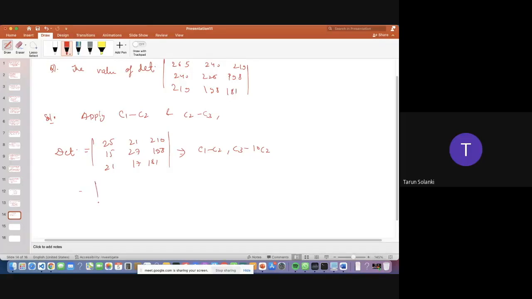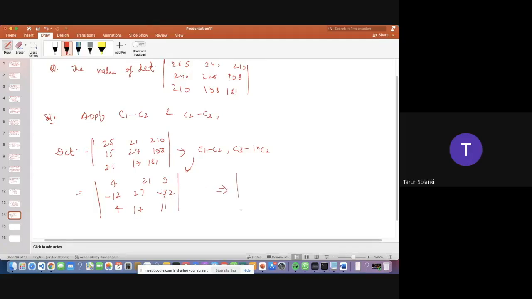So it will be 4, 21, 9, minus 12, 27, minus 72, 4, 17 and 11.